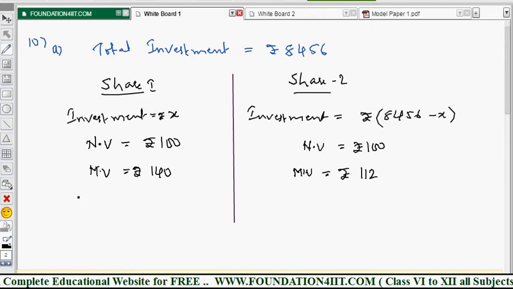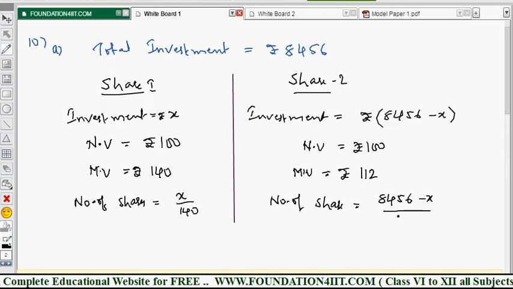So the number of shares in share 1 is X by 140, and in share 2 it is 8,456 minus X by 112.